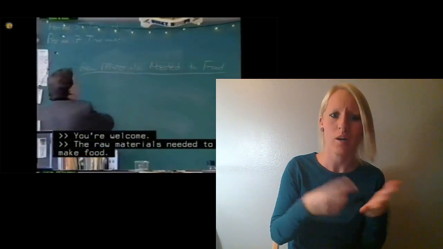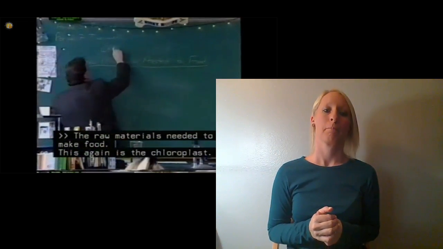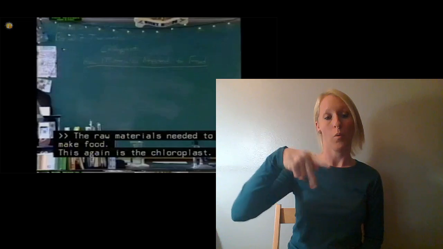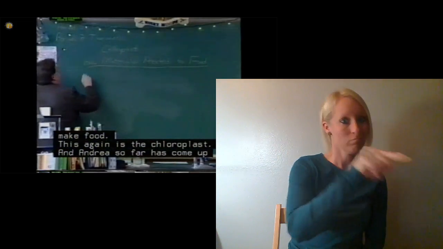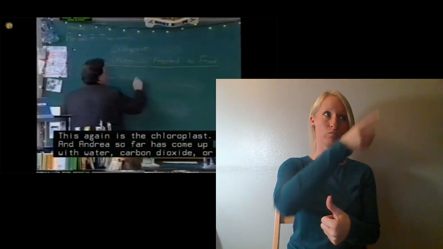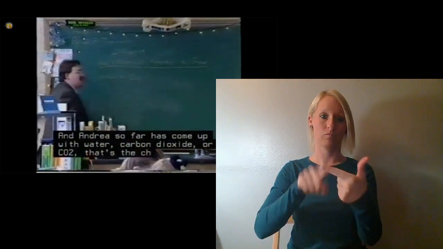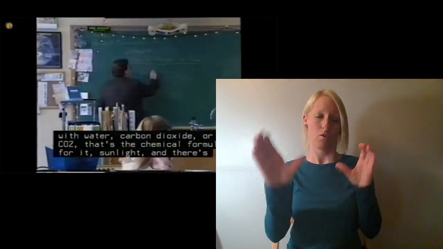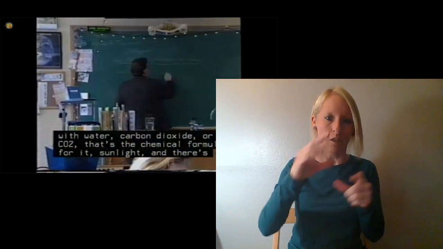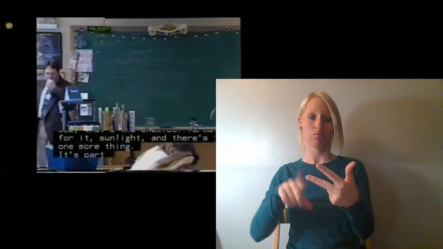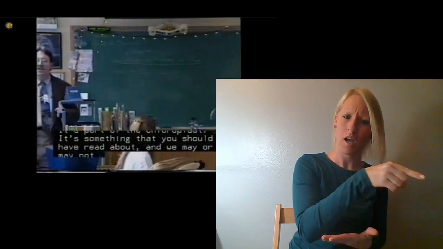And this again is the chloroplast. Andrea so far has come up with water, carbon dioxide, or CO2, that's the chemical formula for it, sunlight, and there's one more thing. It's part of the chloroplast. It's something you should have read about.